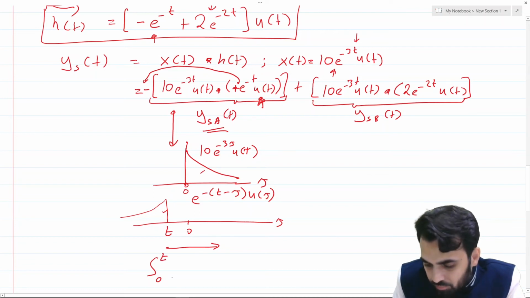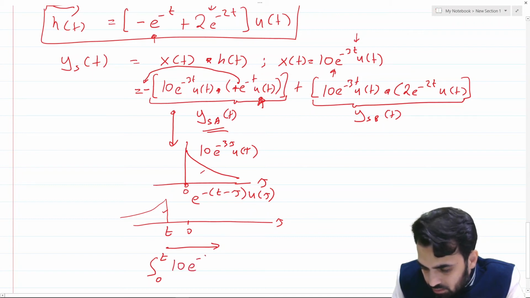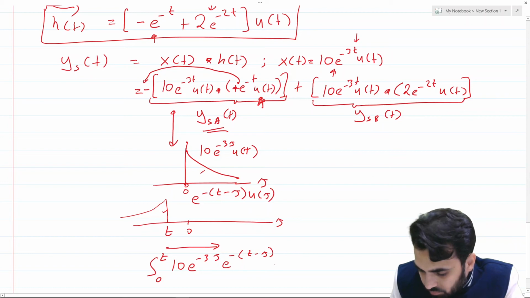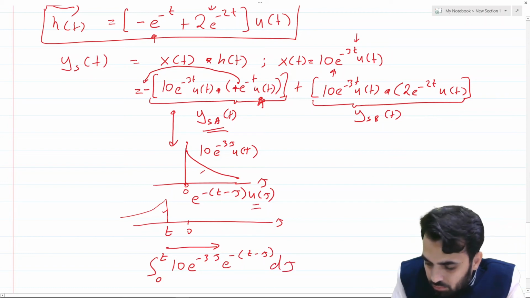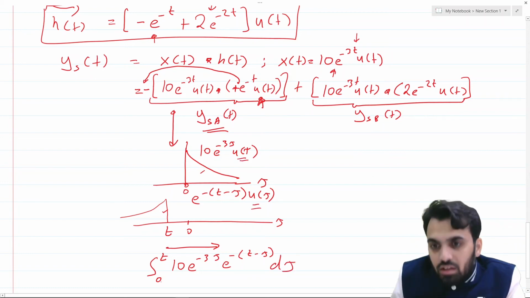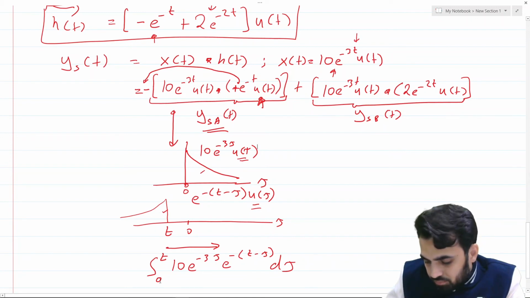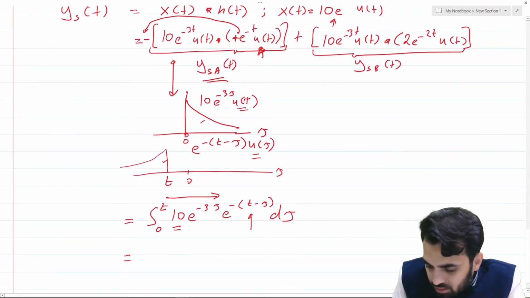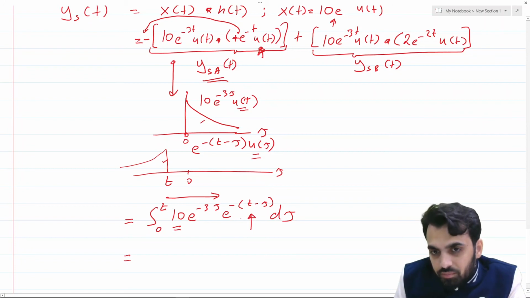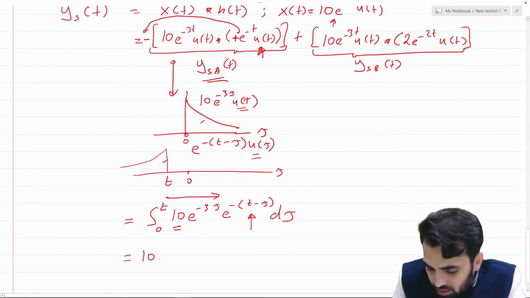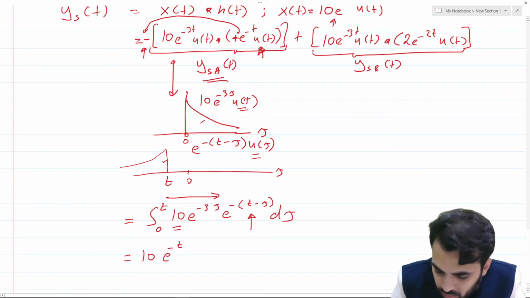So we have the integral from 0 to t of 10e^(-3τ) times e^(-(t-τ)) dτ. The unit step functions are already subsumed in the integration. The 10 and this t are not a part of this integration, so they can be taken out. We had a minus sign here, so we are going to multiply a minus here.